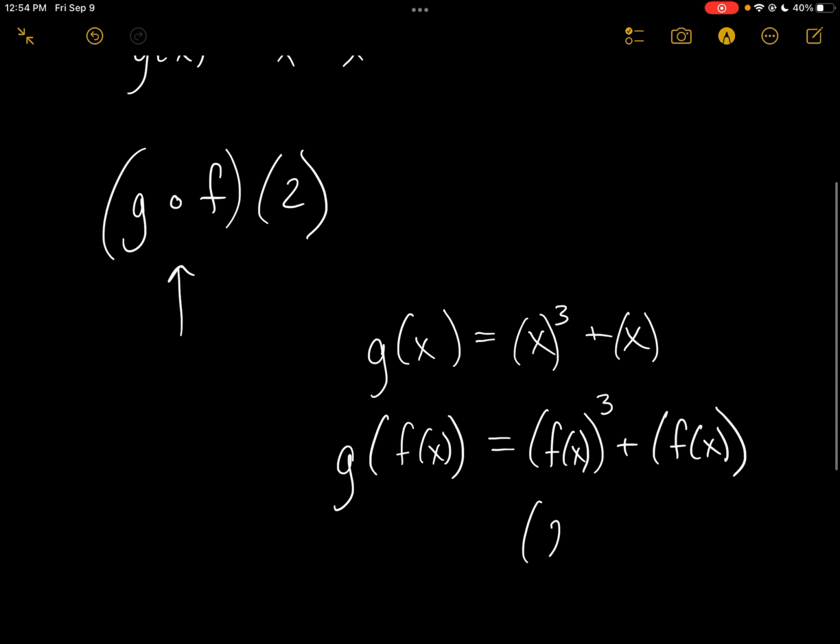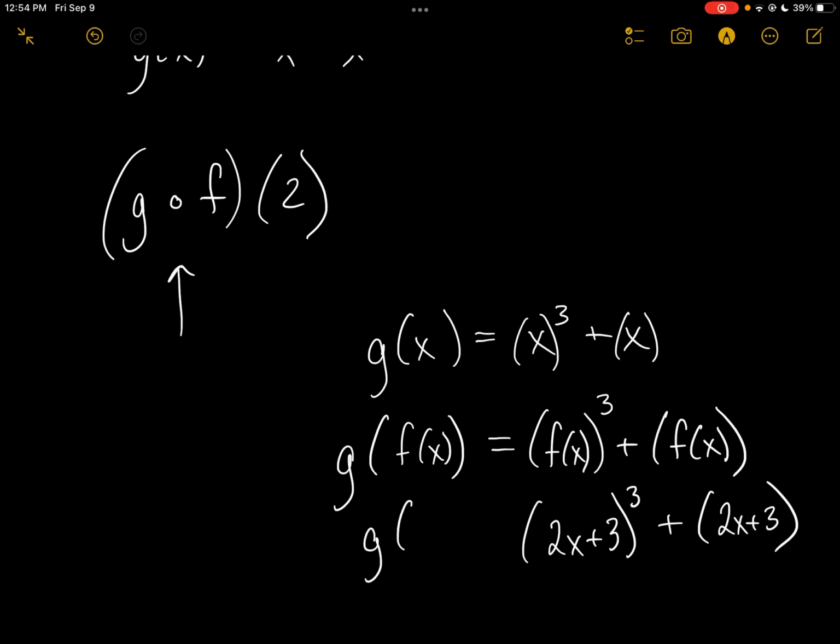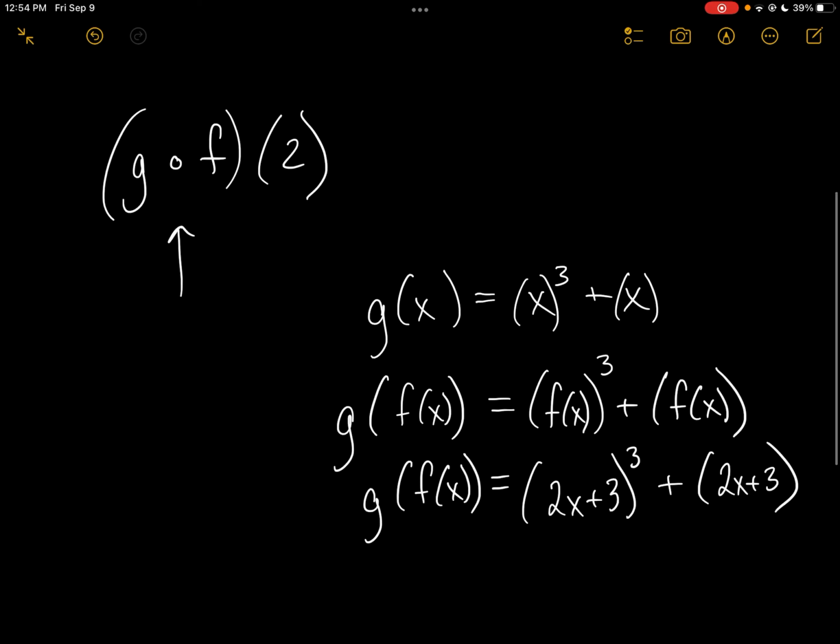So 2x plus 3 would go here, and then again, 2x plus 3 would also go there. So g of f of x, again, x goes away, all of f of x goes in its place.